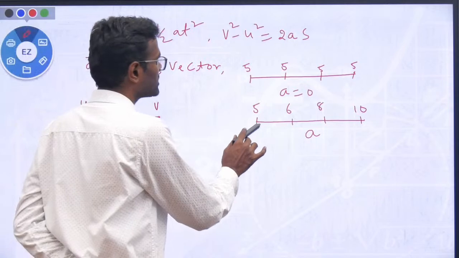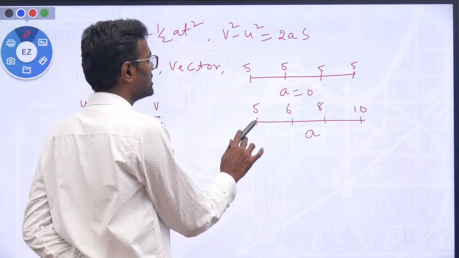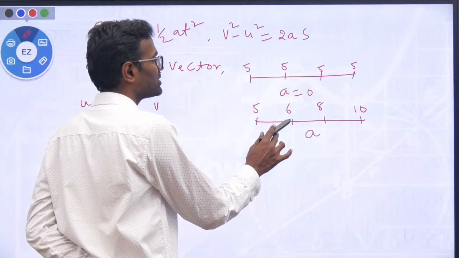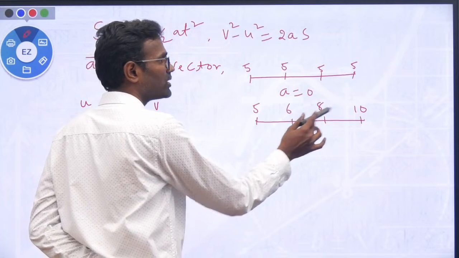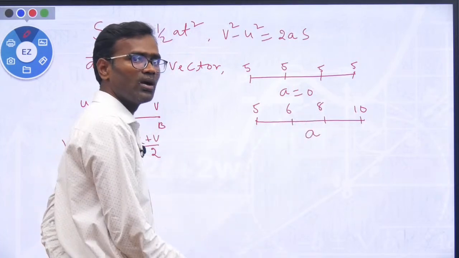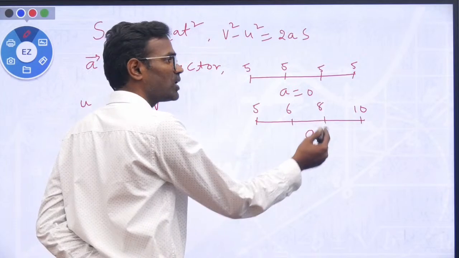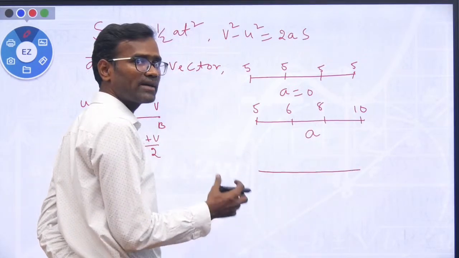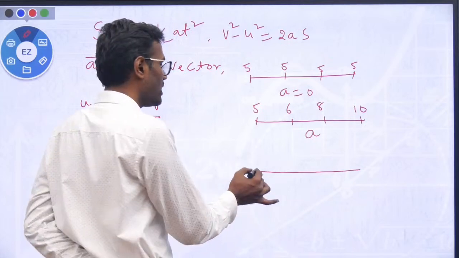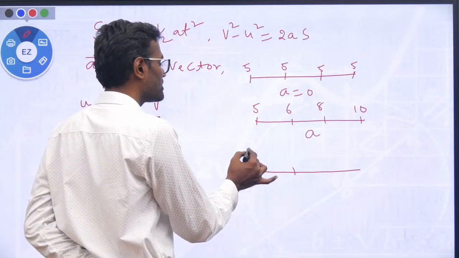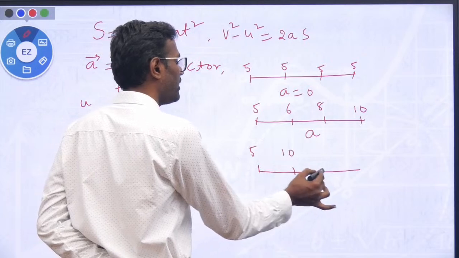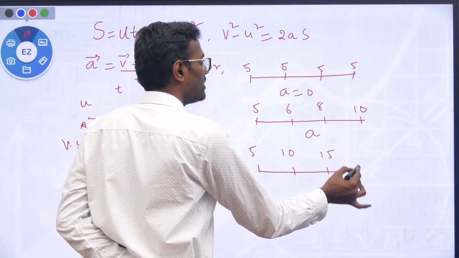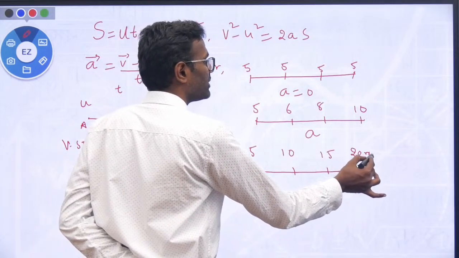Here you see, velocity changes from 5 to 6, here 6 to 8, 8 to 10. So this is not uniform acceleration. Uniform acceleration means acceleration is constant at every point. For example, here speed 5, here 10, here 15, here 20 meter per second.